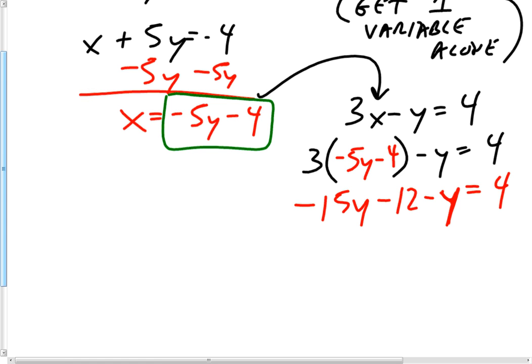Tell me what to do. How do I get my y all by itself? What should I start to do? How many y's are floating around here? I don't like that. So how can I combine them? What's in front of this y? If I got negative 15y and then another minus 1y, what do I really have? Okay.